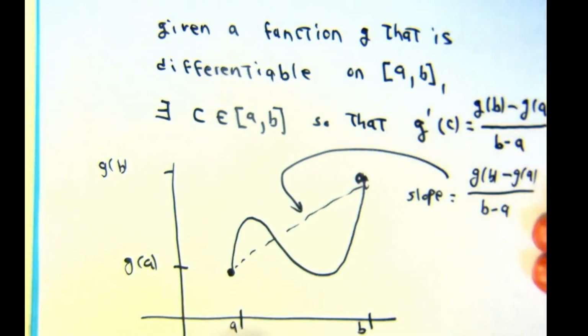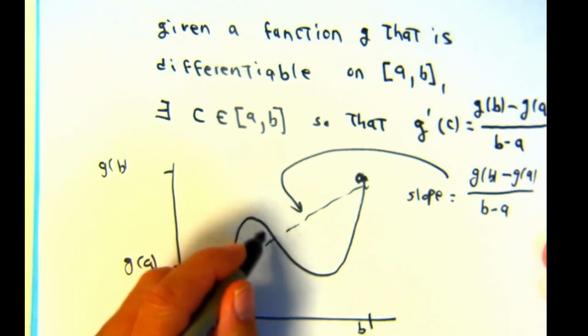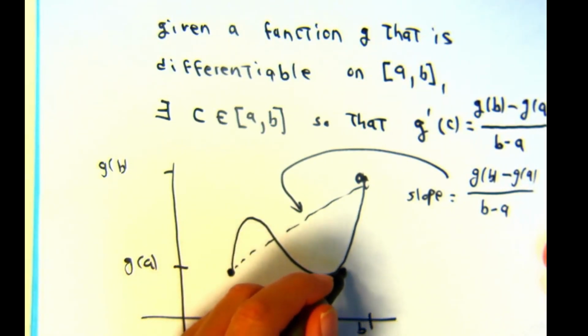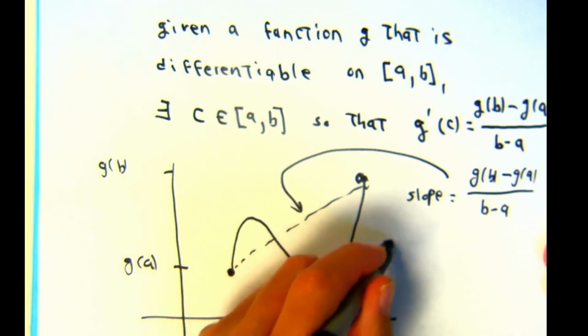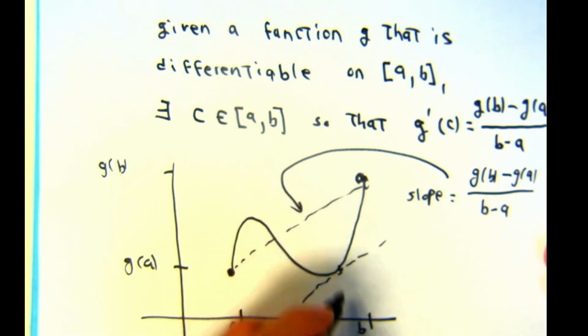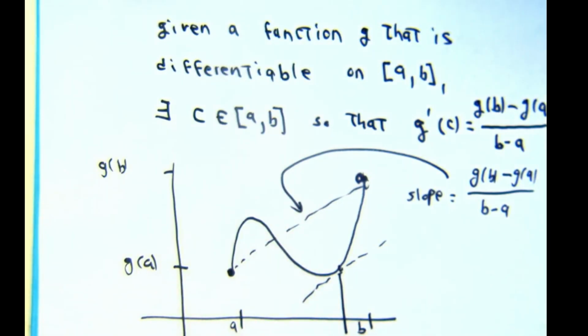So, for example, roughly speaking, there might be such a place. There's probably more than one on a general graph, but the mean value theorem says there's at least one.